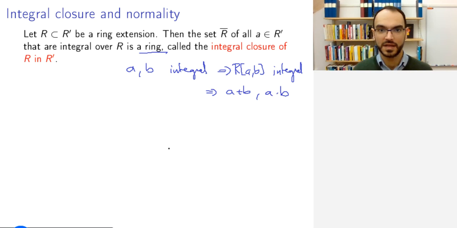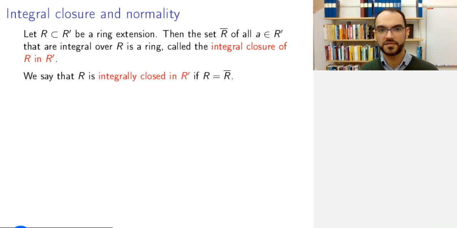And so R bar will be closed under sums and products, and it's therefore a ring. And it's called the integral closure. If a ring is equal to its own integral closure, we say that it's integrally closed in R prime.